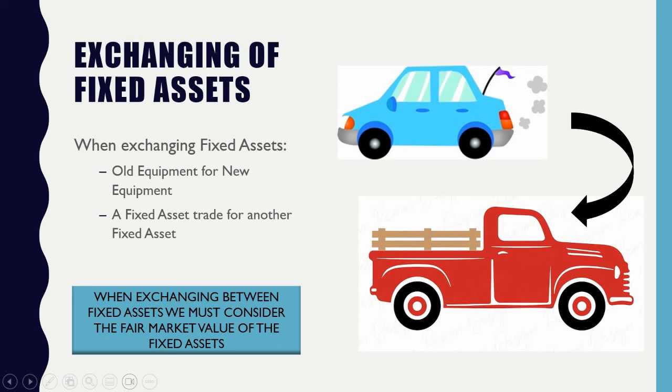Now, usually these fixed assets that you trade out for, it's up to you. If you're choosing to trade a car for a car, usually that's much more easily done. But if you're choosing to trade in, for instance, let's say I'm going to trade in my car to buy a machine, then that's going to be a whole different story.